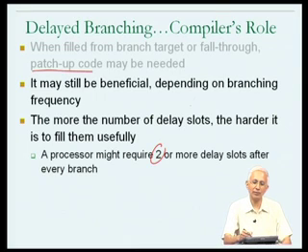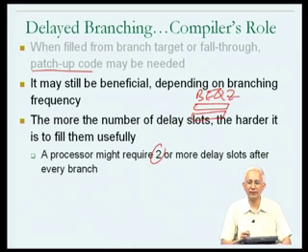And it then becomes the problem of the compiler every time it comes across a branch if equal to 0 instruction to find 2 instructions that can be filled in delay slots after the branch instruction. And the problem becomes harder and harder, in that it becomes necessary to find preferably 2 useful instructions, and if there are 3 branch delay slots, 3 useful instructions, and so on.